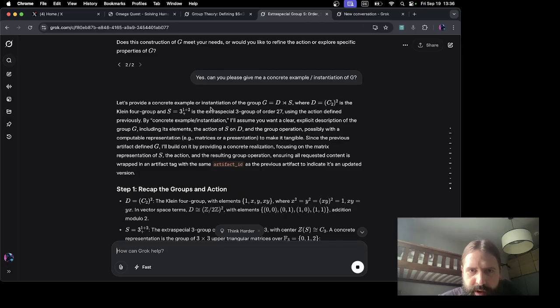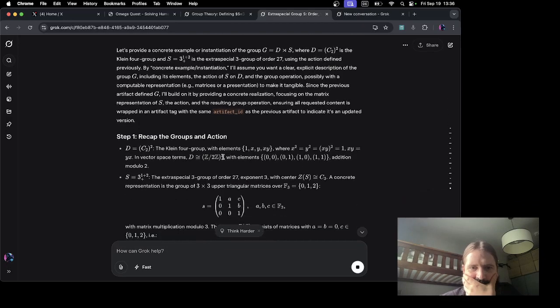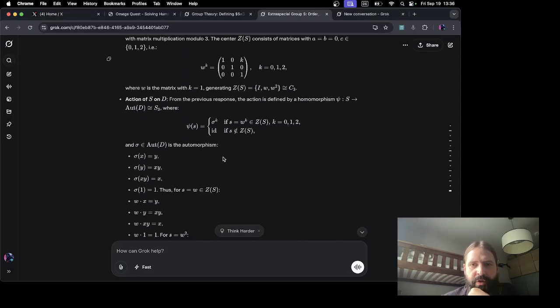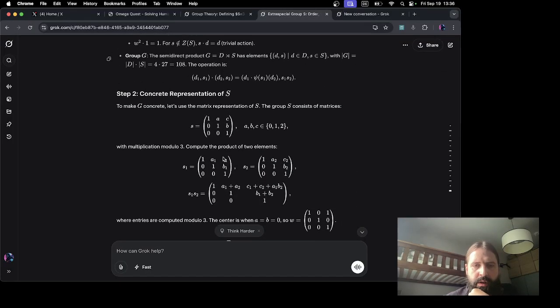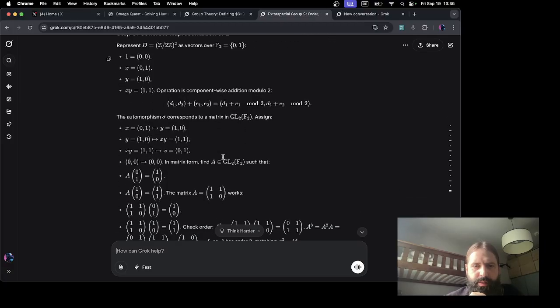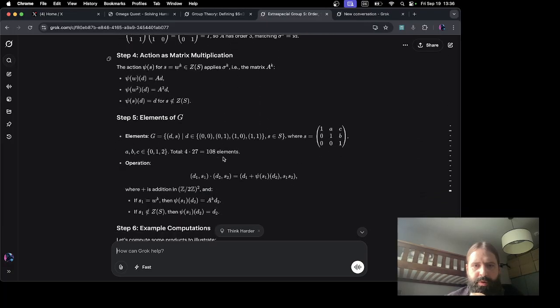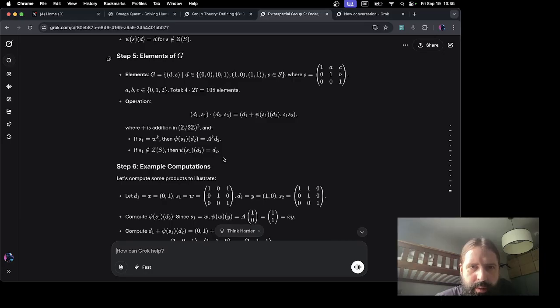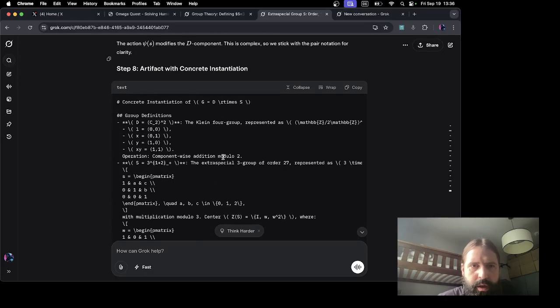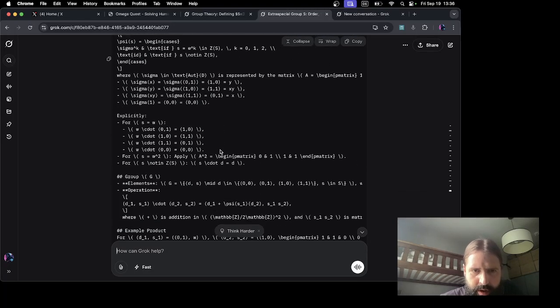Let's provide a concrete example or instantiation of the group G. Recap the groups in action. Concrete S, automorphism, and so on. Action as matrix multiplication. Elements of G. Artifact with concrete instantiation.